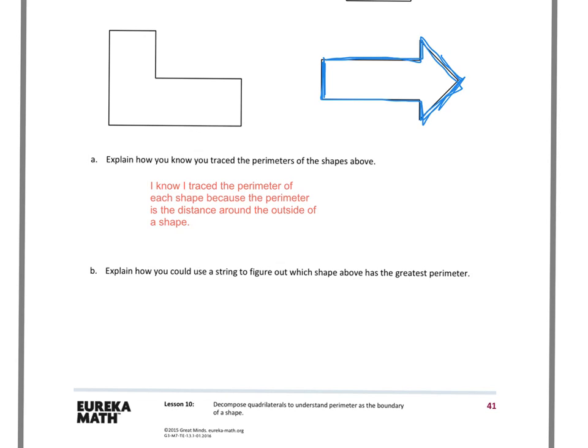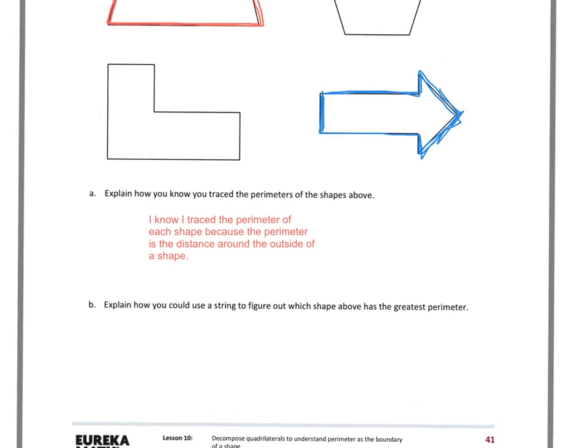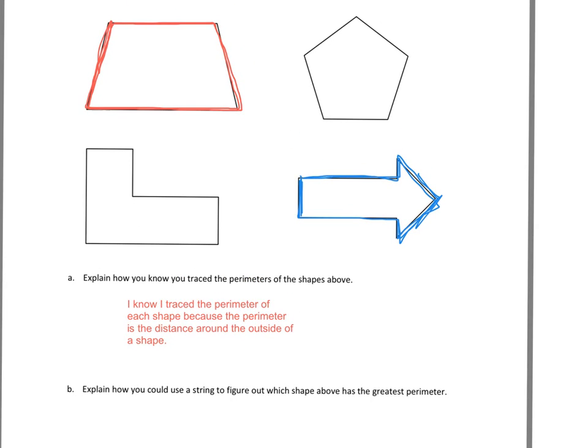The last part, B, says explain how you could use a string to figure out which shape above has the greatest perimeter. What I would do is take the string and lay it on these shapes. I'll show you what I mean. I'm going to go up here and do the arrow again. If this were my string, I would lay it here. Then I would take that string off and measure it and see the distance of it.